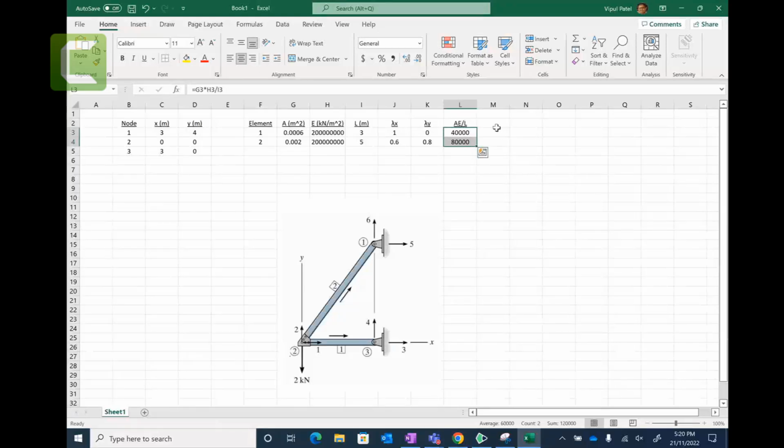If you want to calculate just 1 over L, you can do that. You can have equal to 1 divided by L. And you can just click here, and when you get this corner, you can just scroll it down. Right. All good so far?